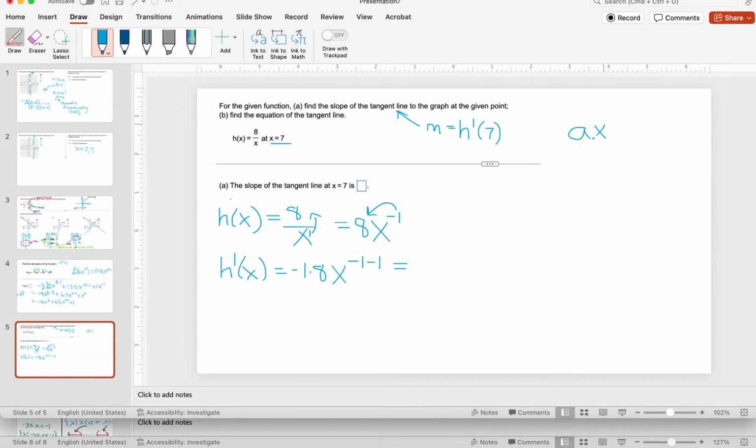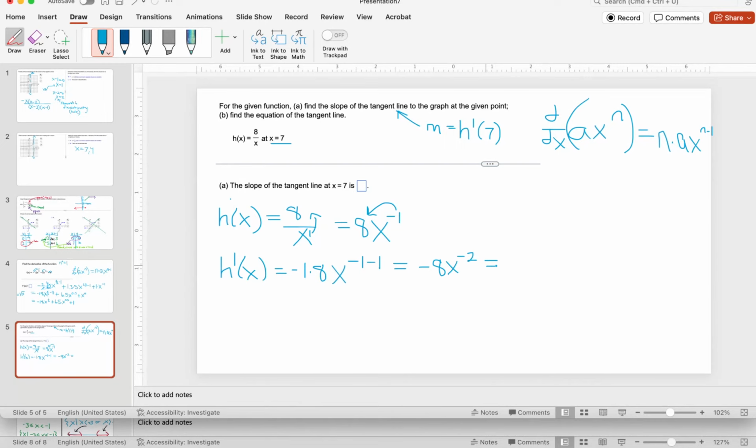So the derivative of a x to the n is, just going to write it again over here, n times a times x to the n minus 1. Okay. And then that's going to give me negative 8 x to the negative 1 minus 1, which is negative 2.